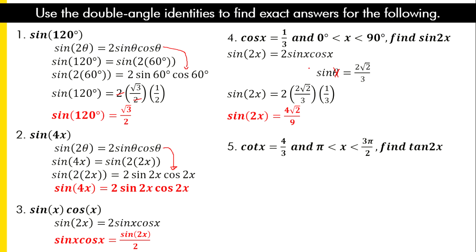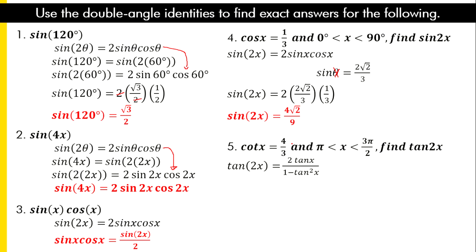Another example, we have cotangent x is equal to 4/3, and the angle is between pi and 3 pi over 2, which is 180 degrees and 270 degrees. Let's identify tangent 2x, or the double angle for the tangent. As we all know, the formula for the tangent is 2 tangent x over 1 minus tangent squared x. In this case, we have cotangent x. Using the reciprocal identity, all we need to do is reciprocate this 4/3 and obtain the tangent value.